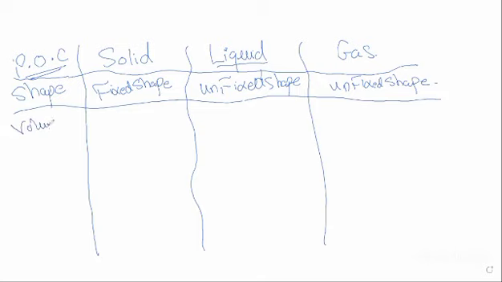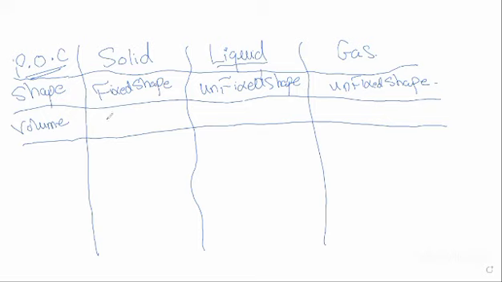Let's go to the volume. Does the solid have a fixed volume or not? The solid does not change its shape, so it will not change the space it occupies.